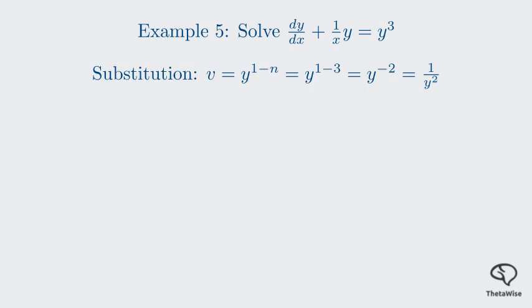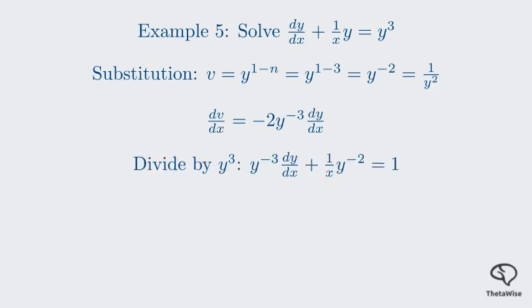The derivative dv/dx is negative 2 times y to the negative 3 times dy/dx. Let's divide our original equation by y cubed.